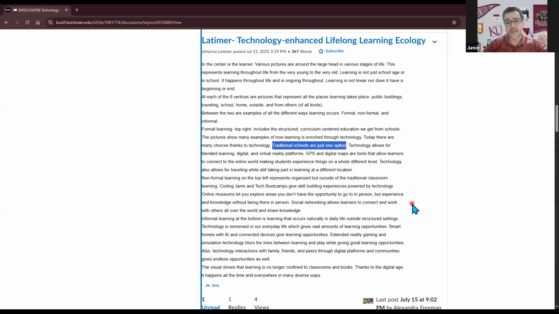I think we are not close to the time that schools are not going to be mandatory. I think basic education needs to be mandatory.